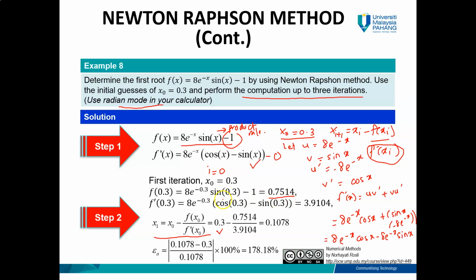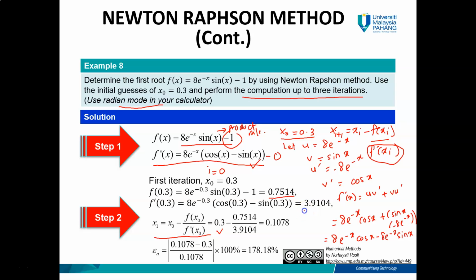Remember, change your calculator to radian mode. And then our f prime 0.3 here equals, we'll use this function. If you get it wrong here, you will get it wrong at this point, and then you will get it wrong for all iterations. So class, we have e to the negative 0.3 times cos 0.3 minus sine 0.3.